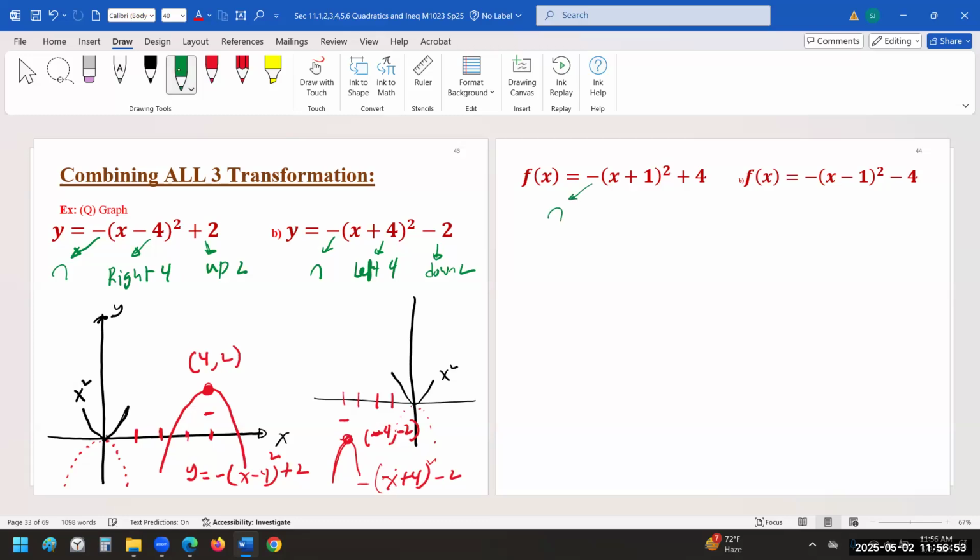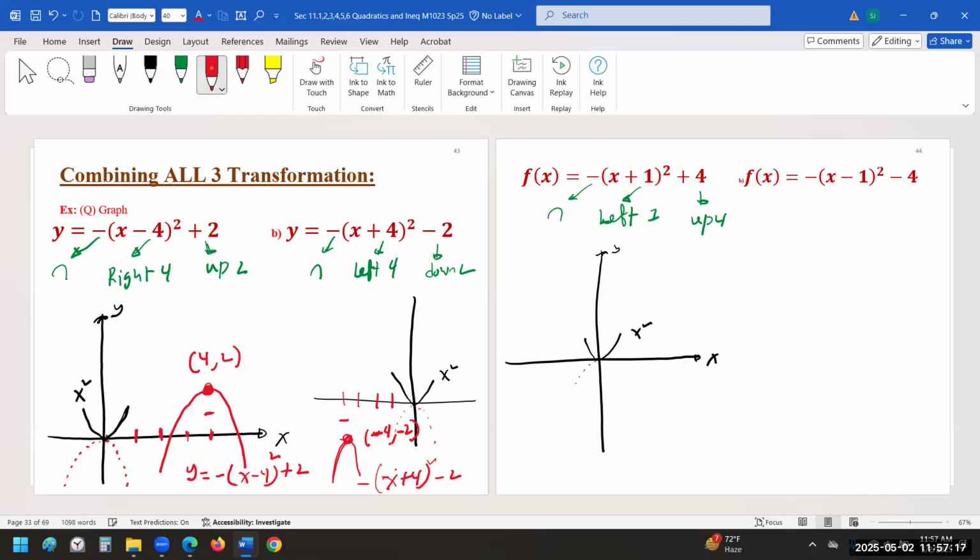Similarly, upside down, plus 1 means left one. And plus 4, up 4. So original one is here.